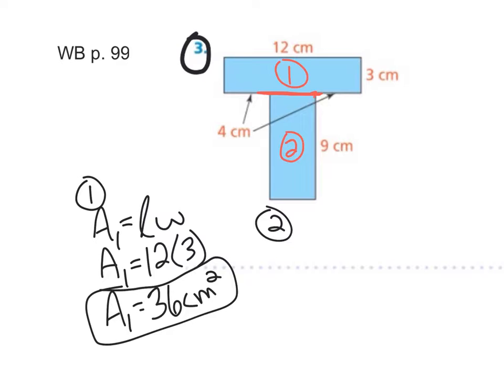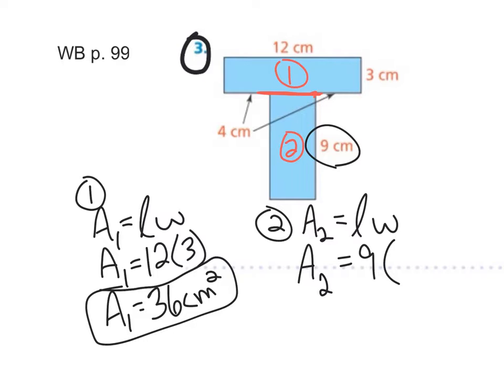The second rectangle, if we look at that, I can clearly see one of the dimensions there is 9. The question is what our other dimension is, and we've got to think this out a little bit. So our other dimension, if we look at this, they've got 4 centimeters with arrows in 2 different spots.